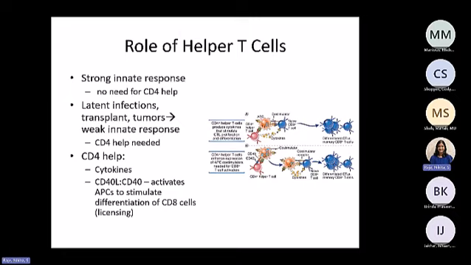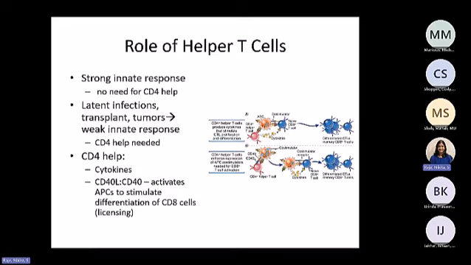That's your cross-presentation. And then we know for cytotoxic T cells, there is some help from CD4 cells as well. So when there is a very strong innate response, a severe infection that's active, CD4 help may not be needed for activation of CD8 cells. They may get activated and differentiate into CTLs by themselves.